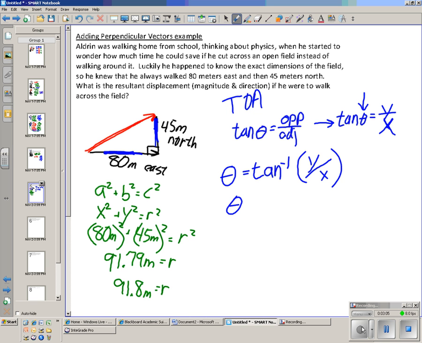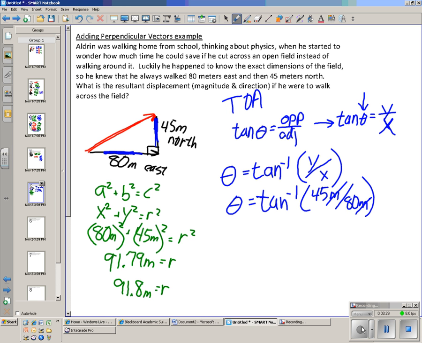So tapping that into our calculator shows up like this, tan to the minus 1, and we will be typing in 45 meters divided by 80 meters. And of course, we don't tap in the units into our calculators, but the units will still cancel out. That's why I had written them out there.